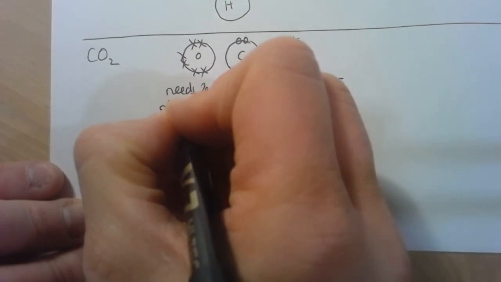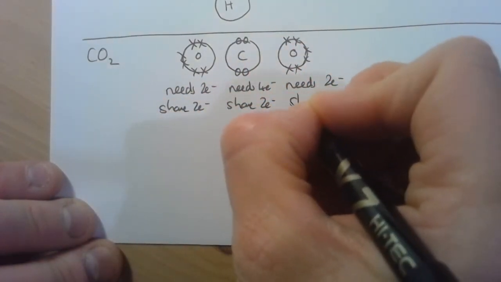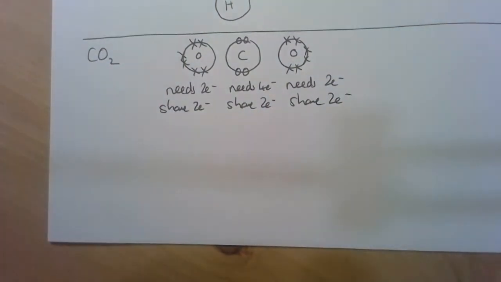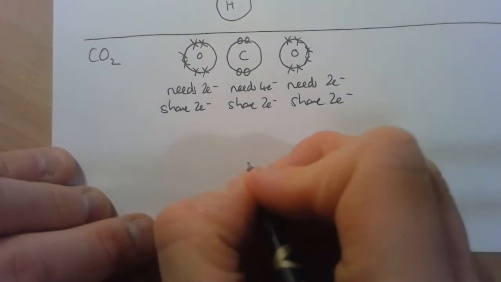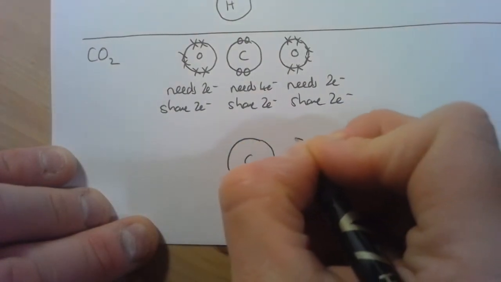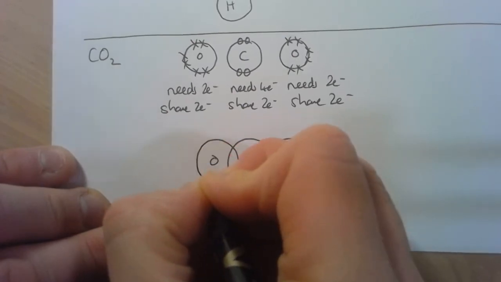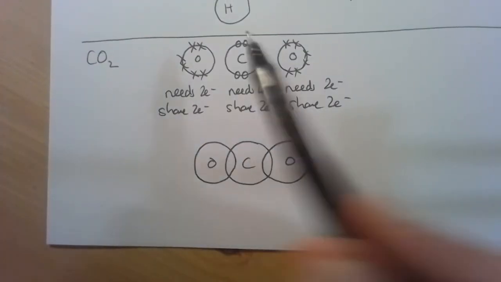Therefore, this is going to share 2 electrons, this is going to share 2 electrons, and this is going to share 2 electrons. So when we draw our diagram with our overlap regions in it, then this one's going to be slightly different.